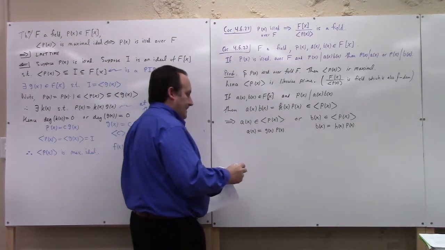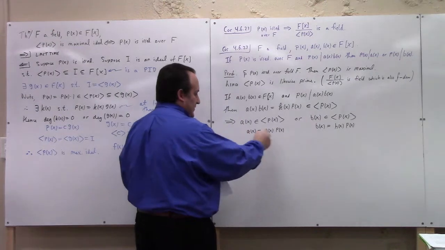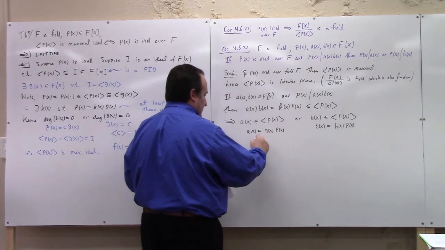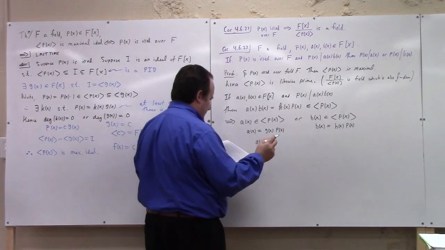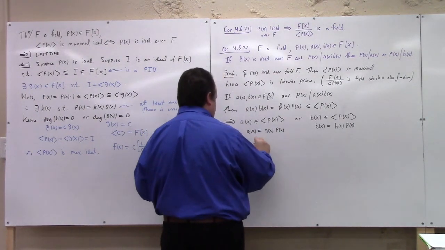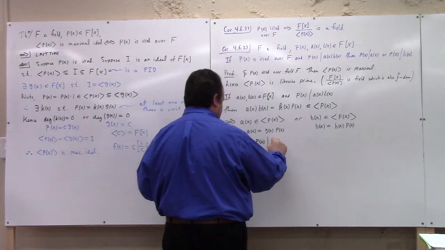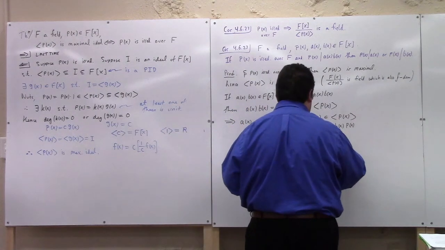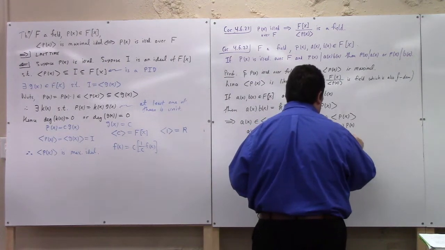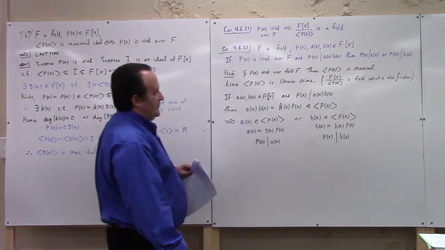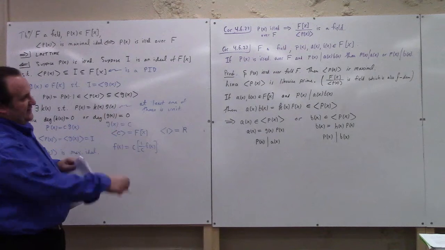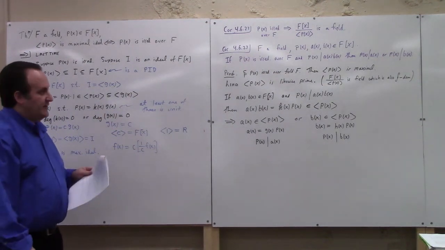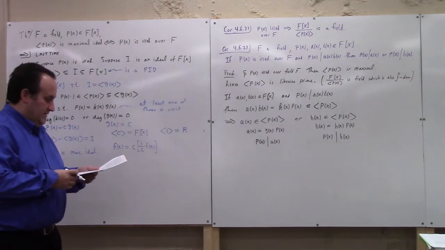This one says that p of x divides a of x, and this one over here says that p of x divides b of x, which is what we set out to prove. Then p of x divides a of x, or p of x divides b of x.